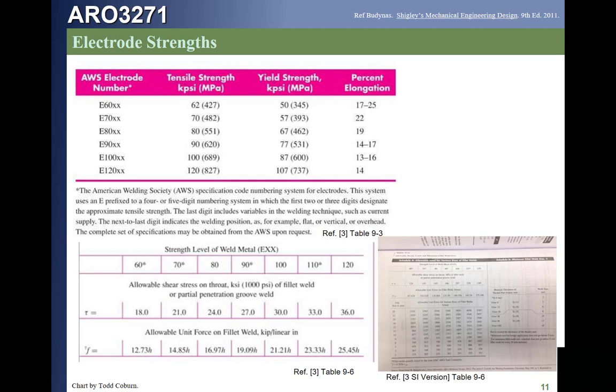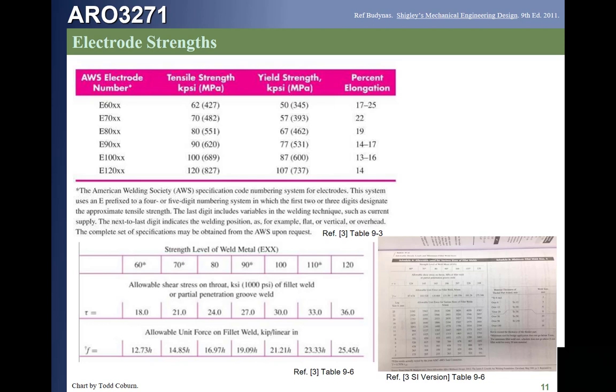And you'll see also we have the yield strength for those welds. If we need the shear strength of the weld, if you look down below, you've got 3 horizontal rows, and the second one is actually the shear strength. So we see that an E60 electrode has an 18 KSI shear strength. E70 electrode has a 21 KSI shear strength, and so on.